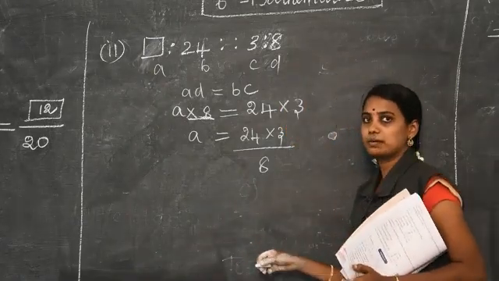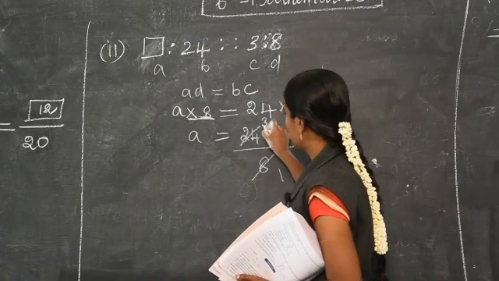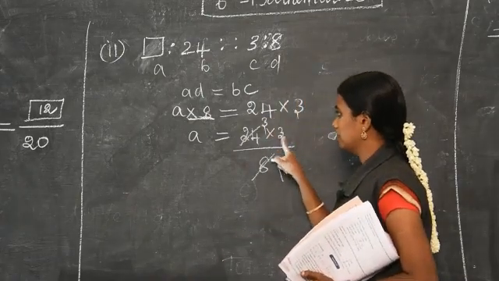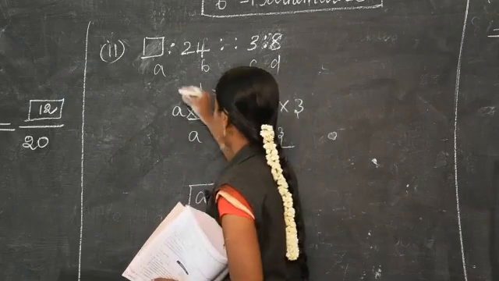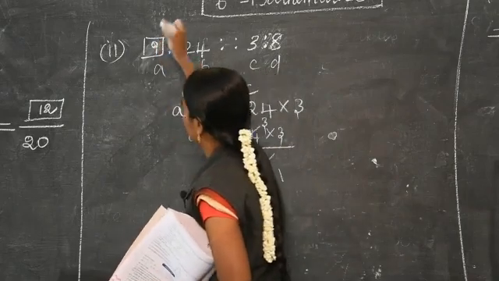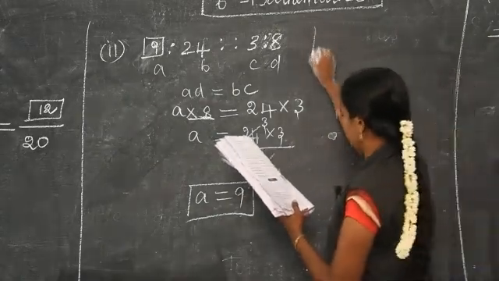Okay, do you all know 8 table? 8 ones are 8. 8 threes are 24. Okay, now multiply 3 into 3, 9. So the A value is 9. So the filled of the box 9. Okay, answer is 9. Likewise only next option also.